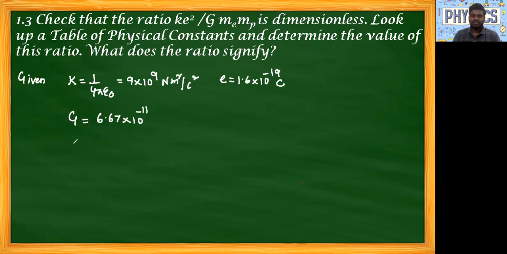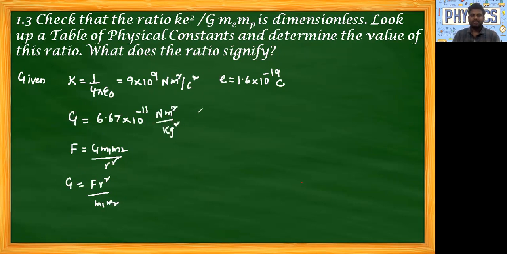And what are the units? F is equal to G m1 m2 by r square. Then G is equal to F r square by m1 m2. If you don't remember, try to get the units from this. That is Newton meter square per kg square.